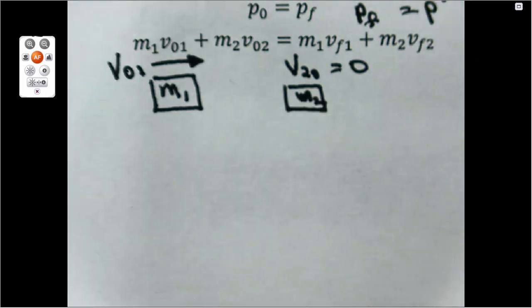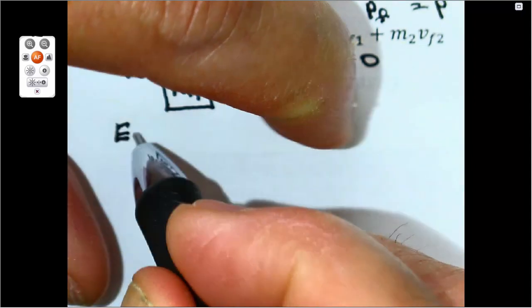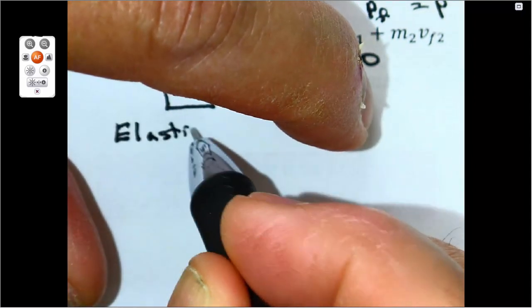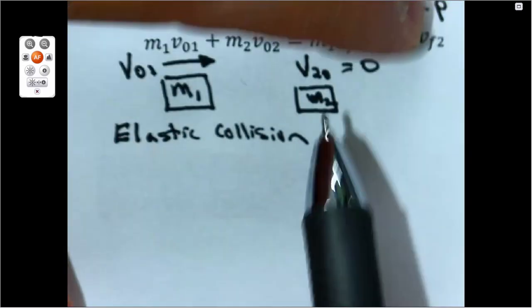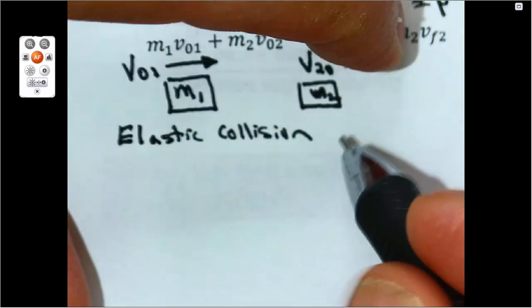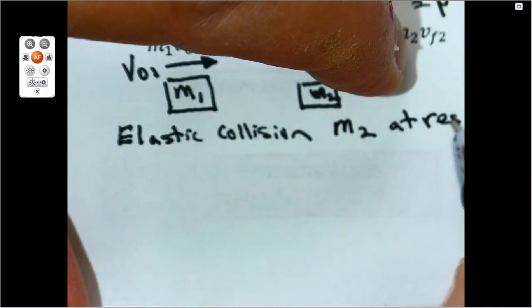Everybody loved it. It's a good problem to do, good applied math to make refrigerator art, but now we can cheat. Here's what the results are. This is an elastic collision. And we have to say that this one is at rest in the beginning.